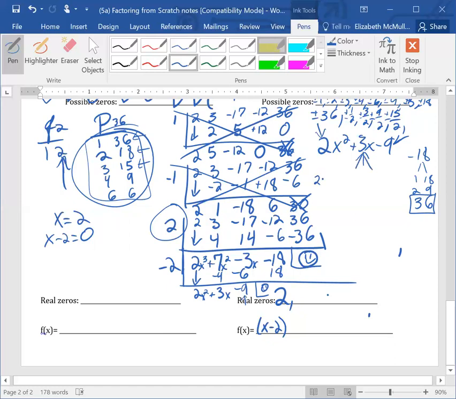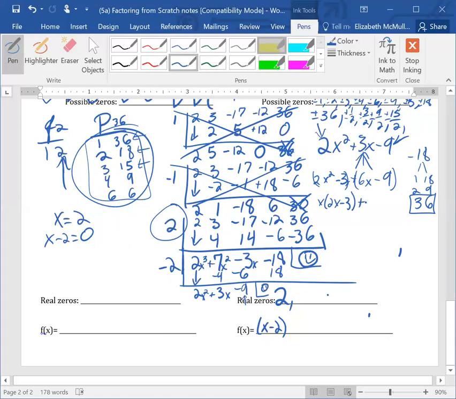So we're going to say 2x squared. And we want the bigger one to be positive. So minus 3x plus, remember, plus 6x minus 9. Factor by grouping. 2x squared minus 3x, I can factor an x out of that. Leaves me with 2x minus 3.